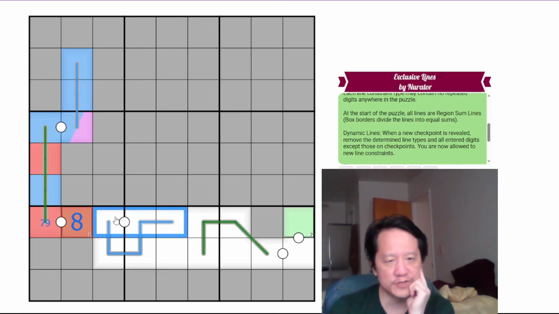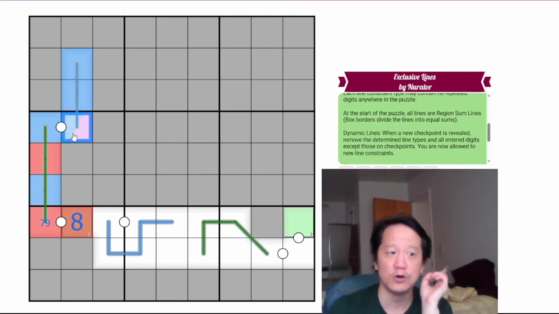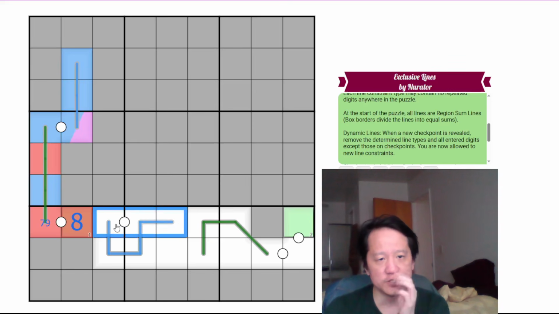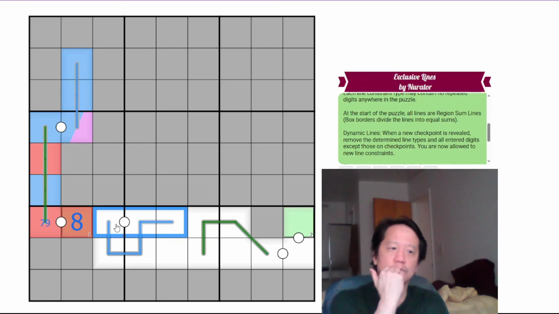Which means of this set... Well, actually, we have 2 lows and a low or 5 here. That means of these 3 digits, at least one of them is high.